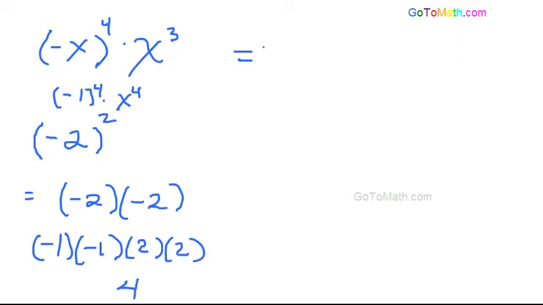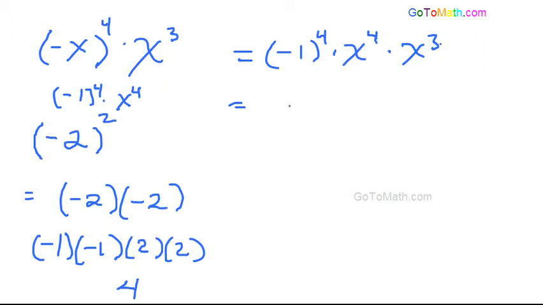And therefore, what's going to happen here is we're just going to add these exponents. So I can actually break this up. Maybe you'll better see this. So that becomes negative 1 to the 4th times x to the 4th times x to the 3rd. And so we know that this is all going to just be a positive 1, so we're not even going to write that.